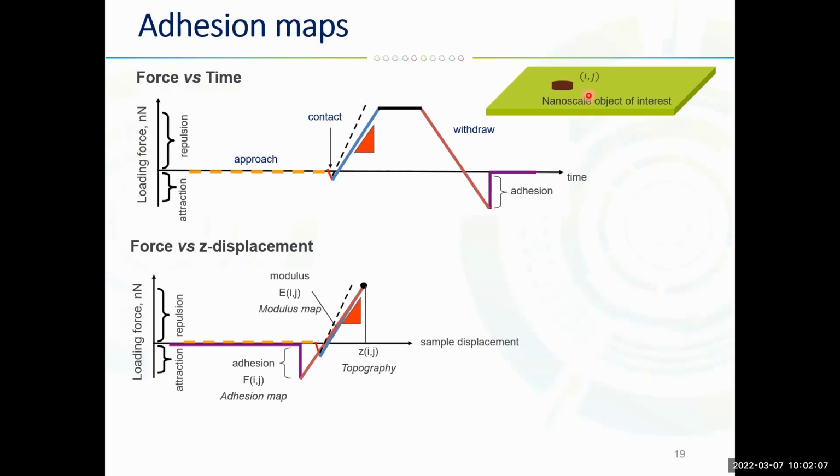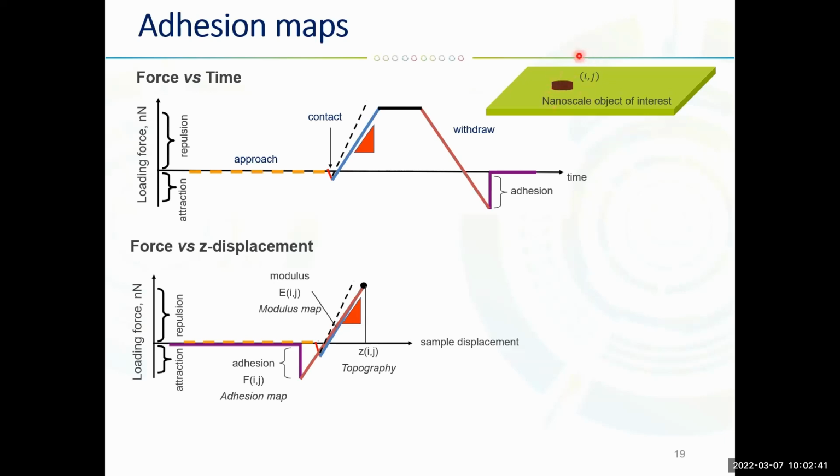If you are doing the image scan and measuring the topography of the substrate, you can see some nanoscale object on the surface. You want to learn more about what that object is. AFM allows you to ask what the structural properties of this particular object could be.